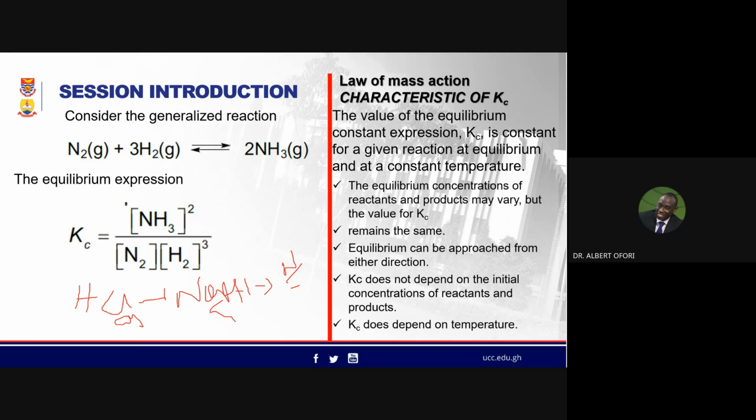So the state of the compound must be specified. We don't write equilibrium expression for pure solid and pure liquids. Why? The reason is going to be attributed to what you call activity, or the law of mass action.